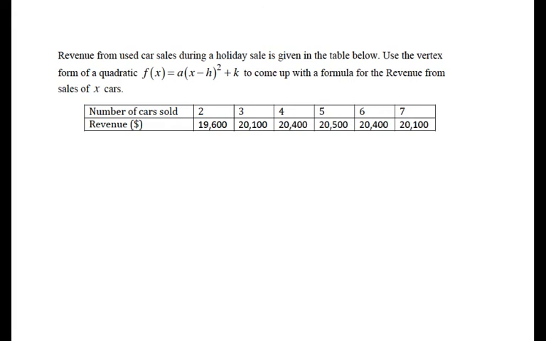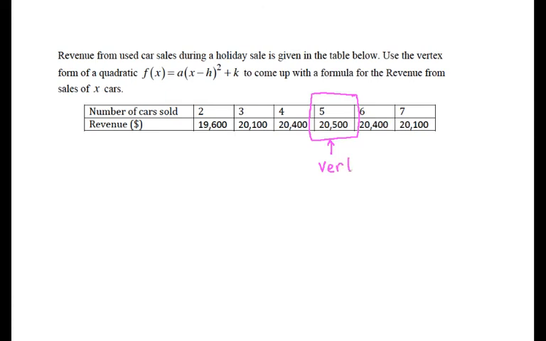Start by finding that vertex, and I find the vertex by looking at the y values. I should find either a highest or a lowest value, and here it is, 20,500. I can see that it gets smaller if I go either direction from there, so that's a maximum. That's my vertex. I also see the symmetry.